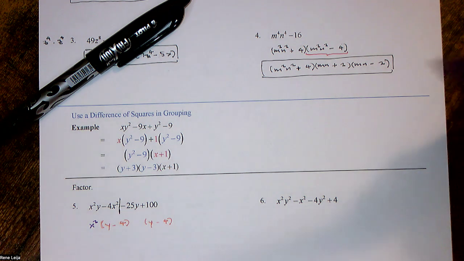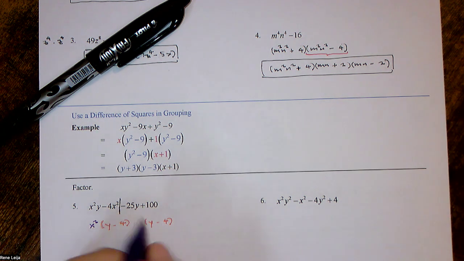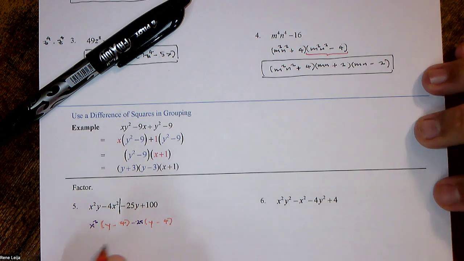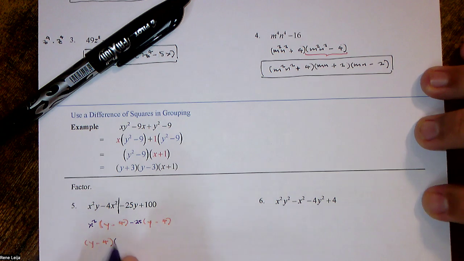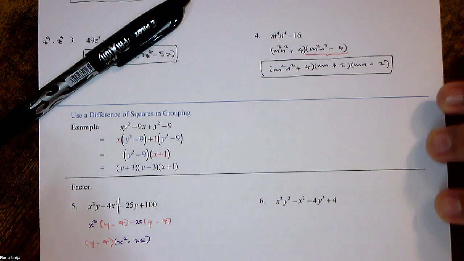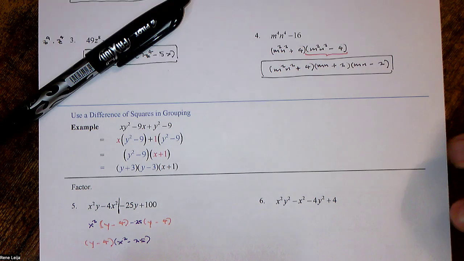And the most that I can take out of the second grouping would be a negative 25. Okay, so now I have this y minus 4, that's my GCF. And then I'm left with x squared minus 25. And so do you see how this can be broken apart one more time?